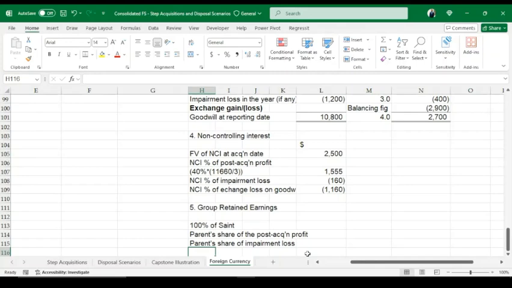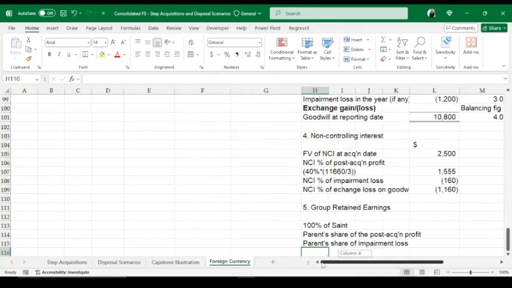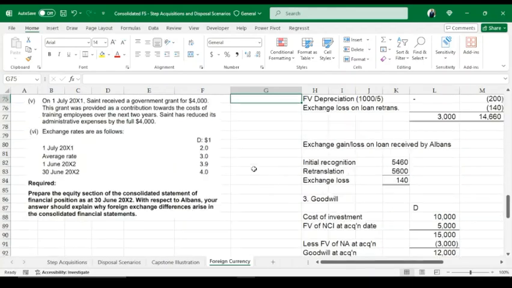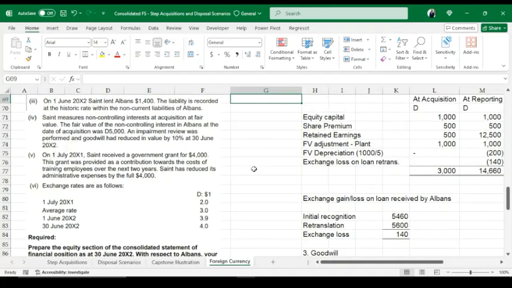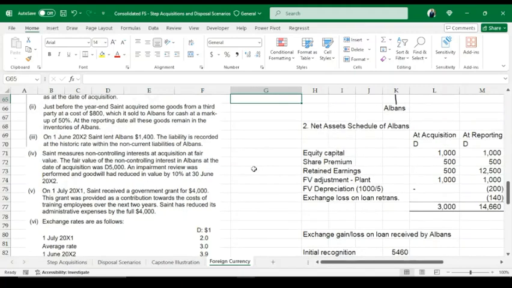So there has been a mention of government grants, and we know that government grants are treated in the statement of profit or loss. Whenever there's a government grant, whether it's a revenue grant or capital grant, we are going to spread that over the period of the grant, and any expense relating to the period will be treated in our profit or loss account.